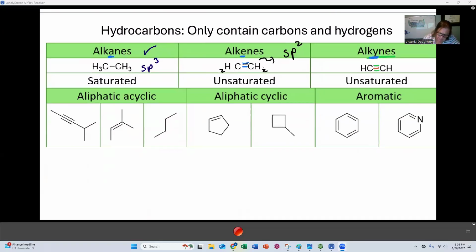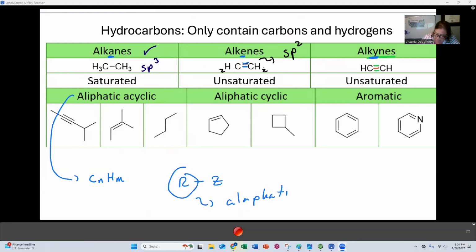Aliphatic is just a different way of saying a hydrocarbon group or an actual hydrocarbon molecule. So for example, if I have something like this, I could say this R is aliphatic. And that means that this Z right here is the only heteroatom existing in the molecule.